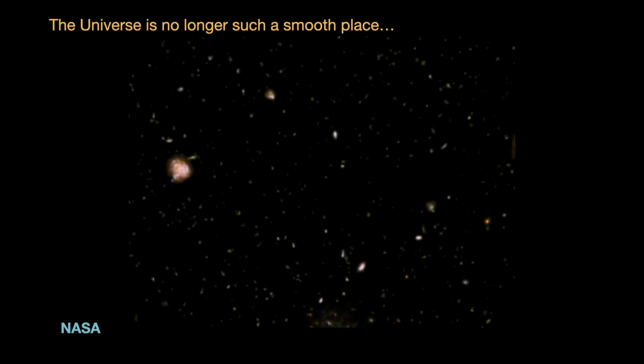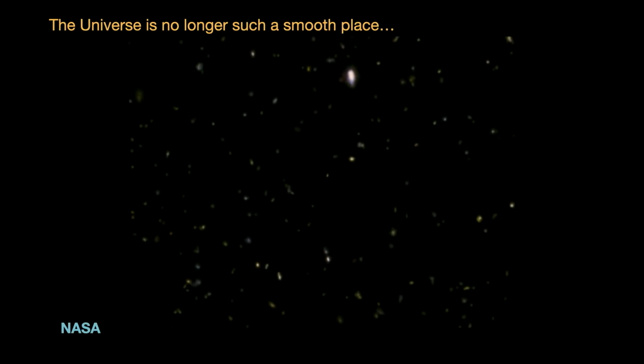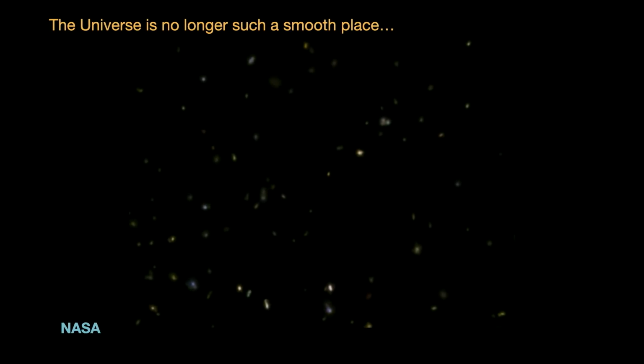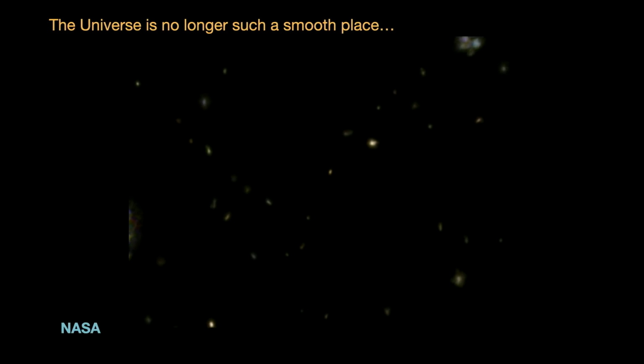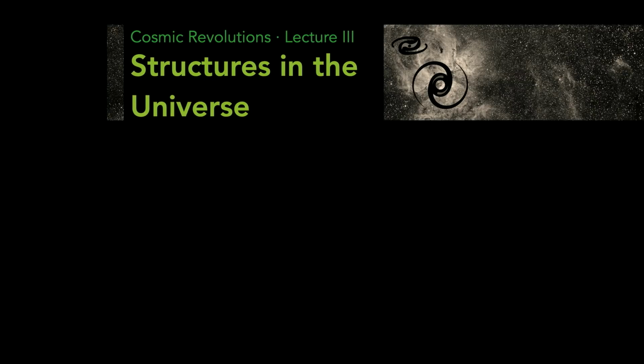So how on earth did we get from that amazingly smooth state of affairs to this amazingly inhomogeneous state of affairs, where there are all sorts of different galaxies throughout the observable universe? Where did these structures come from? How did we transition from the smooth, homogeneous state to the very lumpy, inhomogeneous state with the structures that we see today?